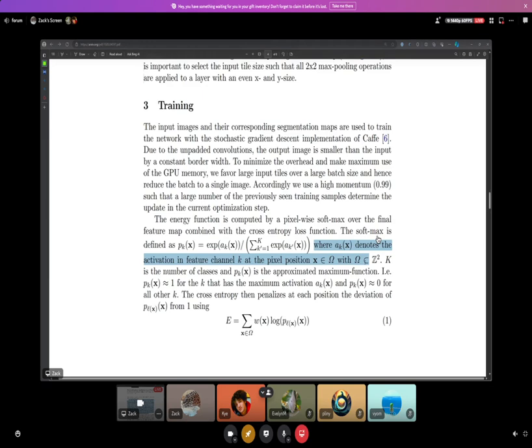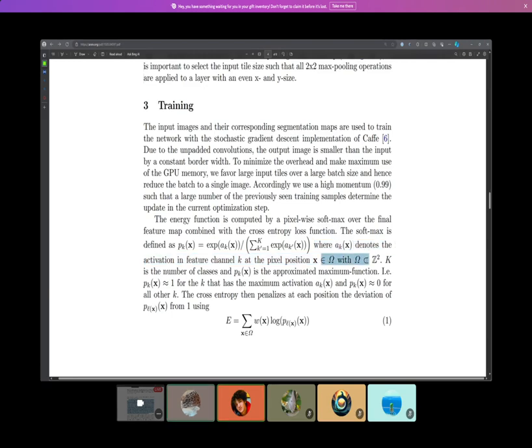Softmax is defined as p_k(x) equals the exponent of a_k(x) over the sum of exponents, so we get the pixel-wise softmax here. Where a_k(x) denotes the activation in feature channel k at the pixel position x, x is a part of omega, and omega is a subset of Z.